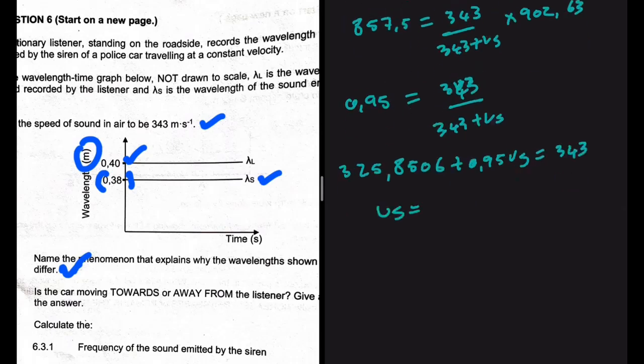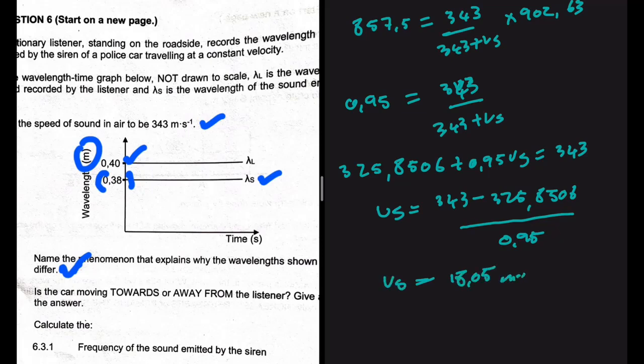So Vs is going to be equal to 343 minus 325.8506, everything divided by 0.95, the coefficient of Vs, right? Let me just put that in my calculator and see what I get. I'm getting 18.05. So Vs is 18.05 meters per second. There we go. That is question 6.